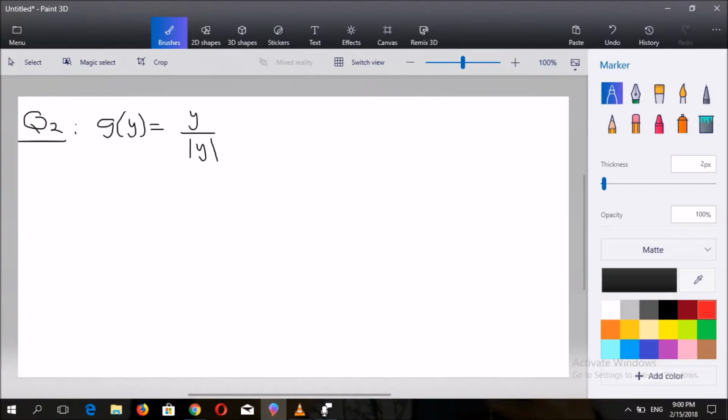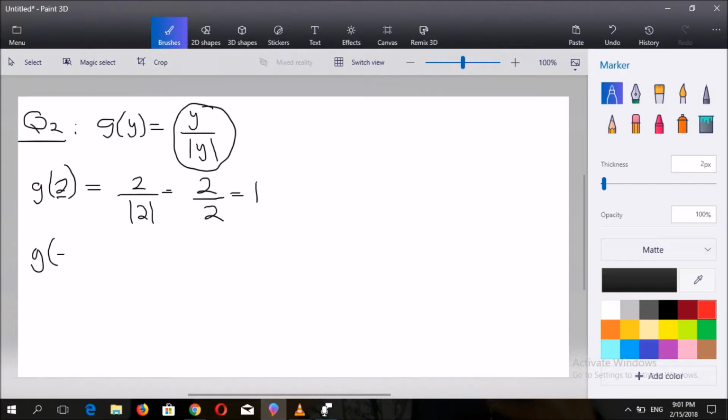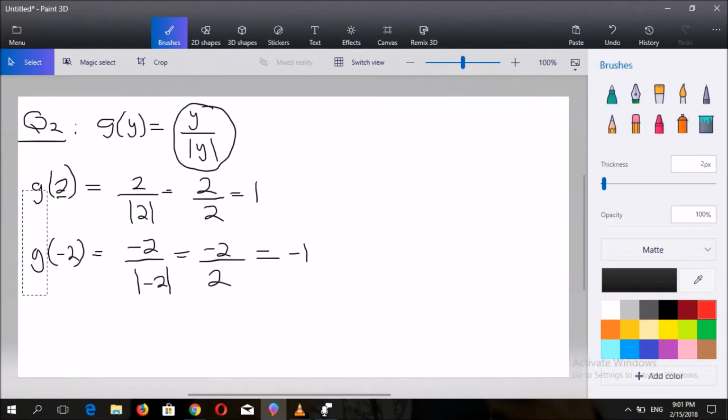Is there any x squared term in the other expression? No. So the first thing we write down is 6x squared. Then you sum these two terms together: 15x minus 2x will give you plus 13x. We don't have an x to the zero term here, so this is minus 5. So this is the answer: 6x squared plus 13x minus 5, which is the product of these two mathematical expressions.